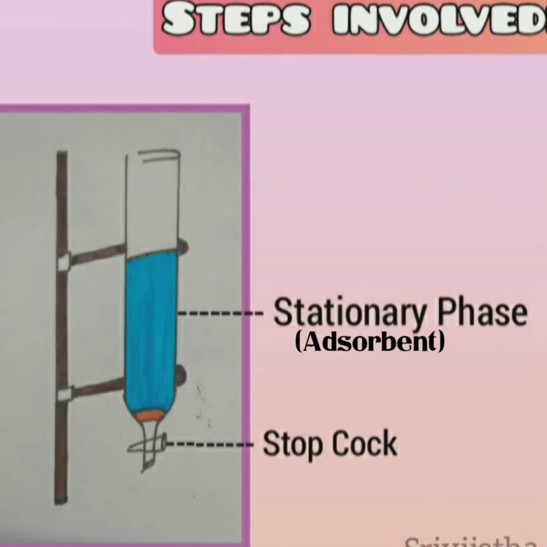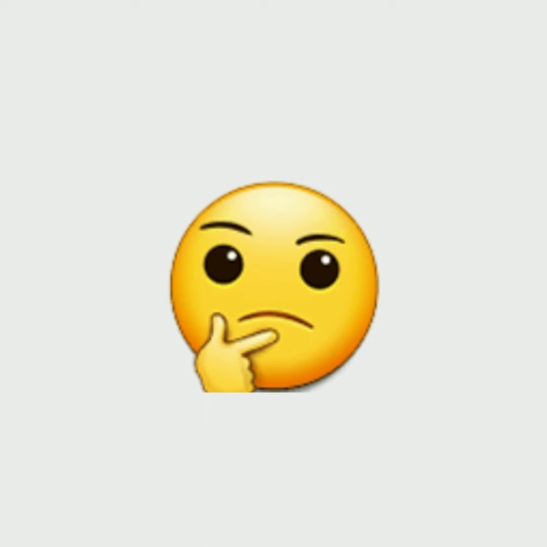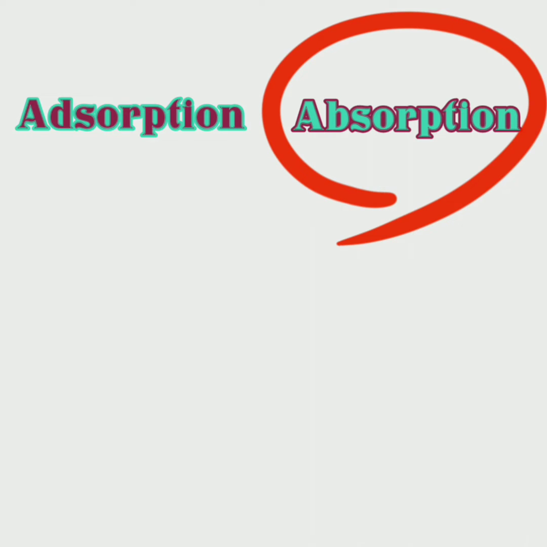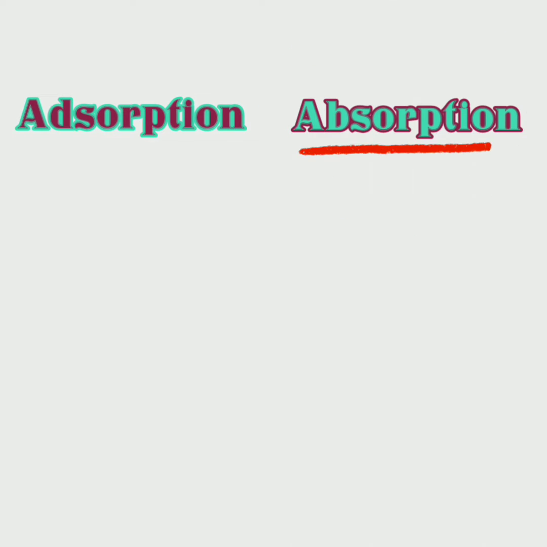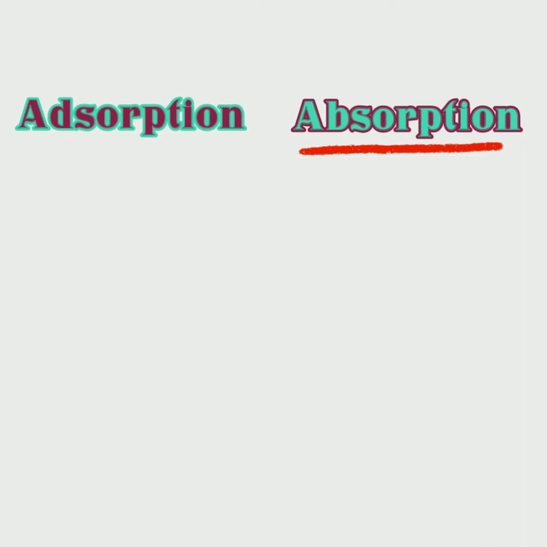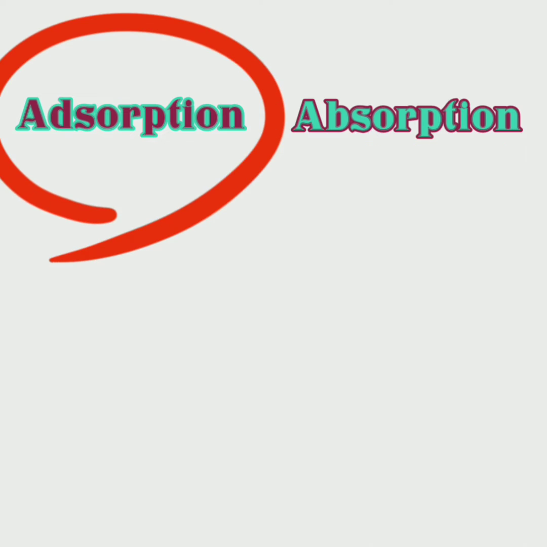Before everything, if you have a doubt, let me clear up the difference between adsorption and absorption. Absorption is, for example, dipping a sponge into water. The sponge will absorb the full water. So this is absorption. Now what is adsorption?